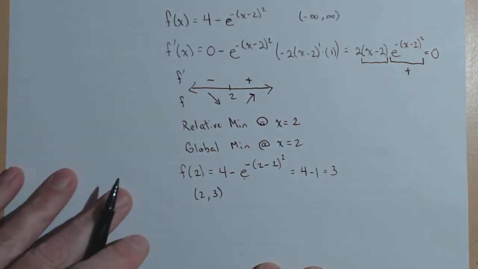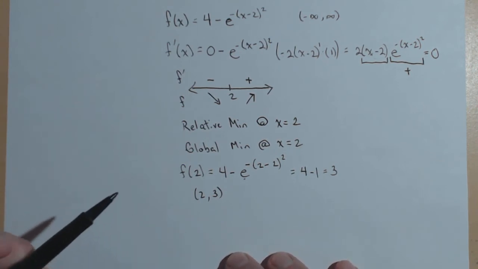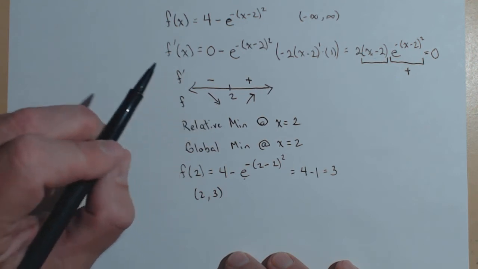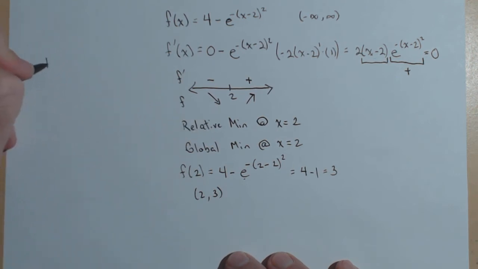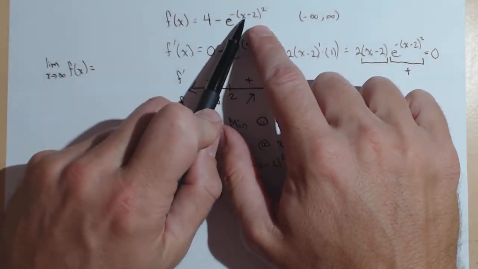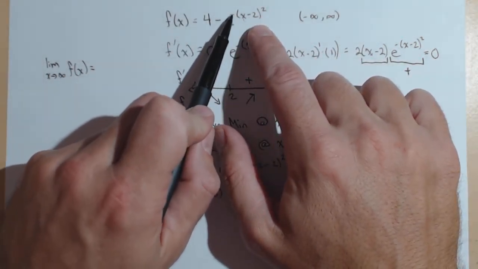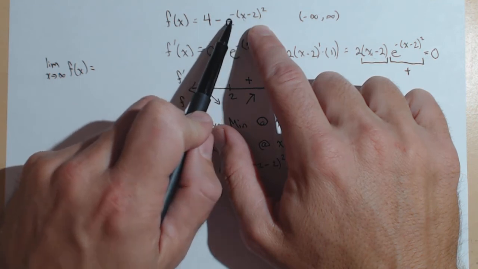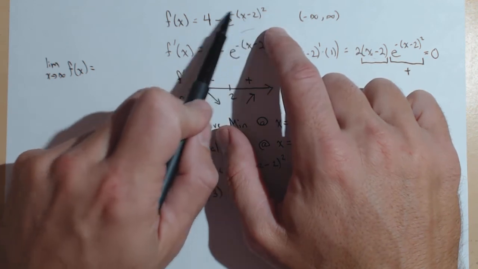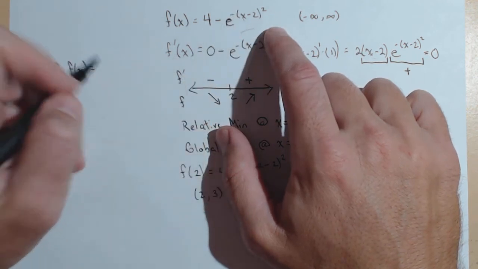Now the other thing we'll do is we need to see if there's any kind of maximum going on here. Well, there's no other critical points, so there's no local max. Let's see what happens as we take the limit as x goes to infinity of f of x. As x goes to infinity, this exponent's going to go to infinity, so that means e to the negative exponent, we have our decreasing exponential function, so this whole piece here is going to go to 0.